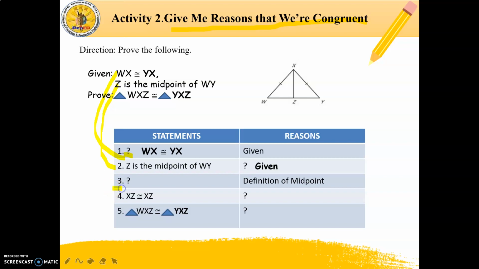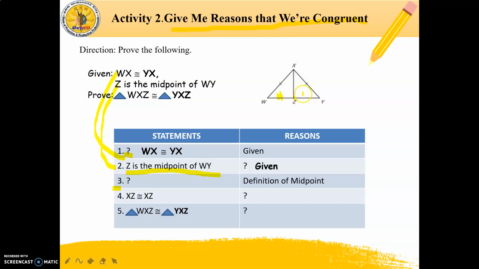Now, to make the third conclusion, you have to go back to the second and the first statement. The second statement states that Z is the midpoint of WY. This is the midpoint, Z. And we know, according to the definition of midpoint, that a midpoint is a point that divides a line or a segment into two congruent parts.